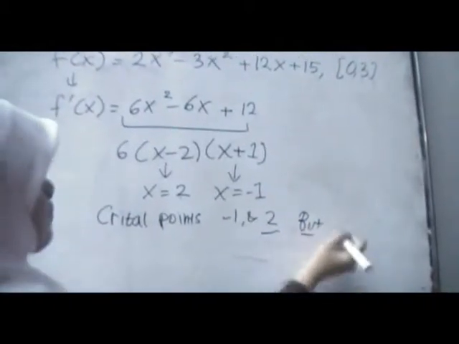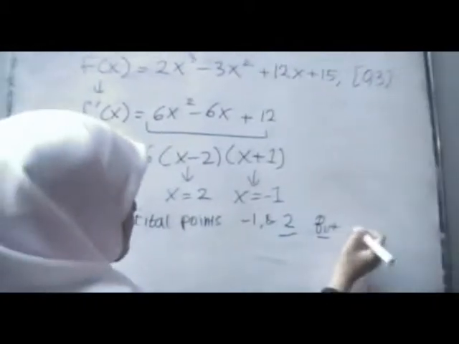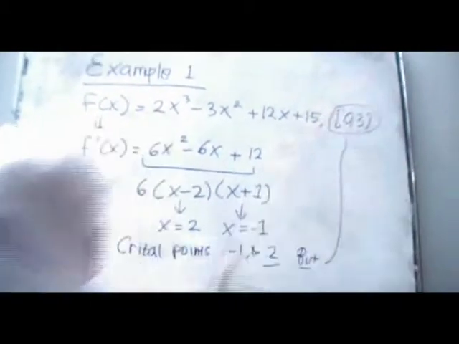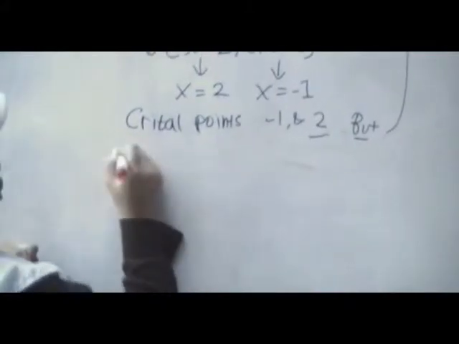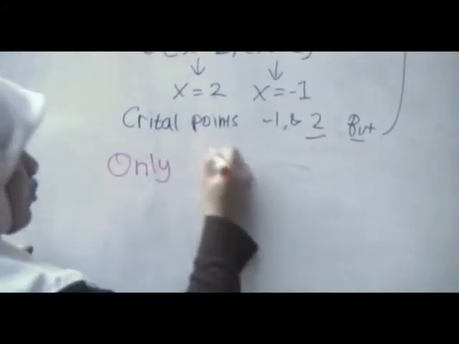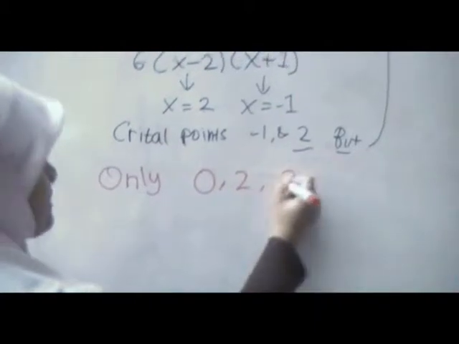But we talk about a closed interval. We have the closed interval 0 to 3, and the critical points in it are only 0, 2, and 3.